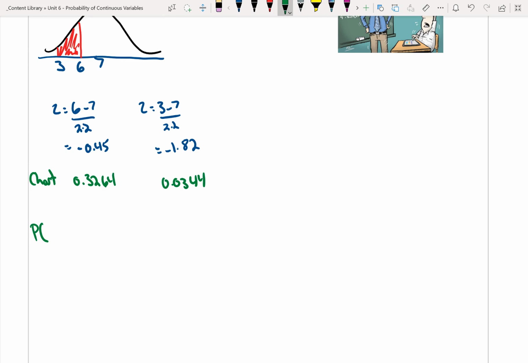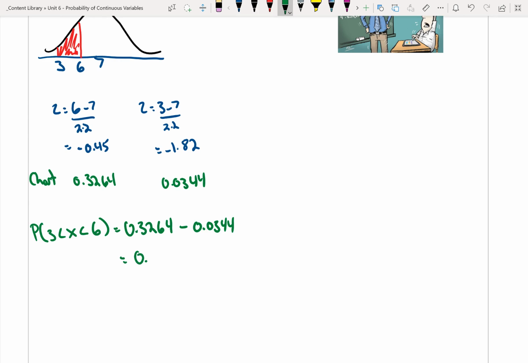Well, the probability that x is between 3 and 6 is equal to my value of 6, my upper value, so 0.3264, minus the lower one, 0.0344, because that difference would tell me what is between 3 and 6.